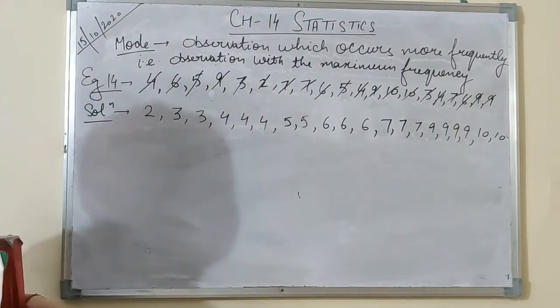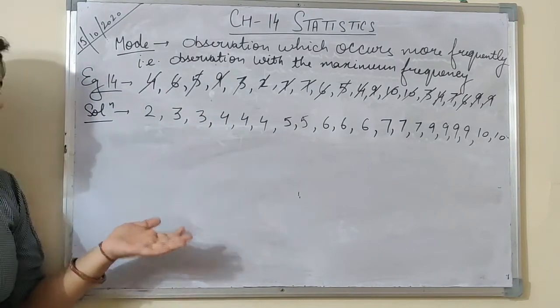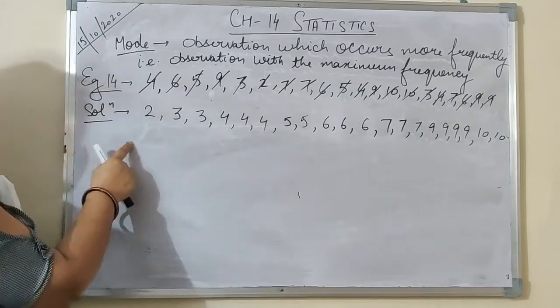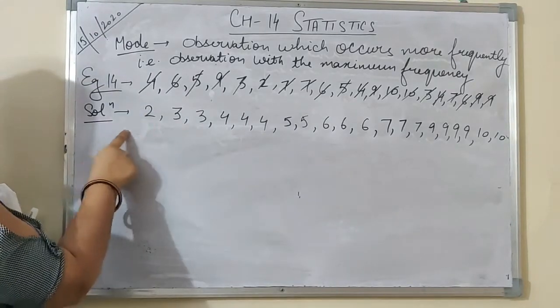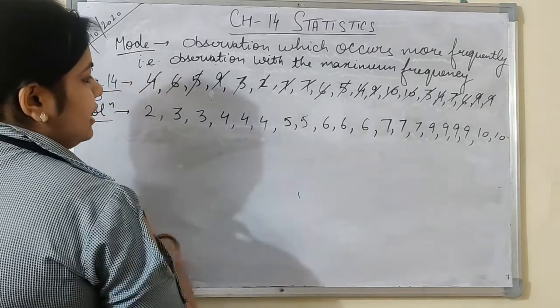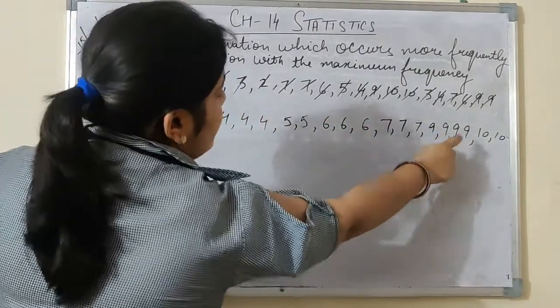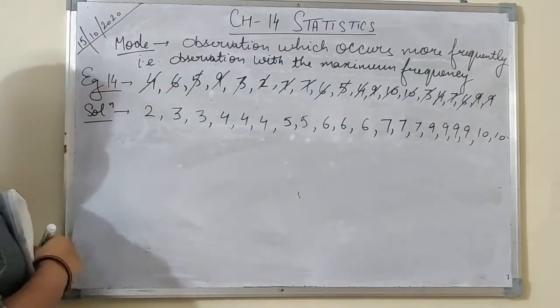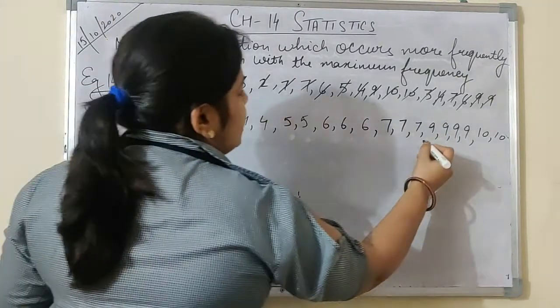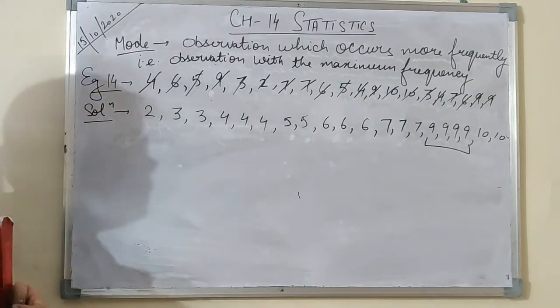Now it becomes easy to find which number is coming how many times. 2 is coming 1 time, 3 is coming 2 times, 4 3 times, 5 2 times, 6 3 times, 7 3 times, 9 4 times, and 10 2 times. Now it is very clear that 9 is coming more frequently, that means 4 times.